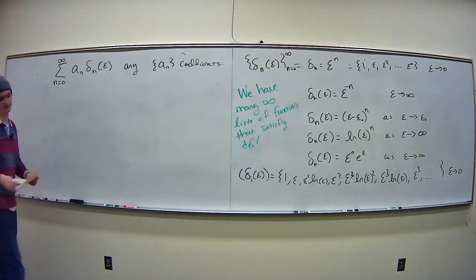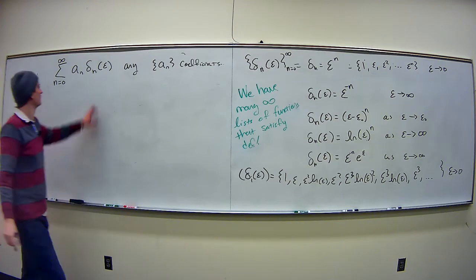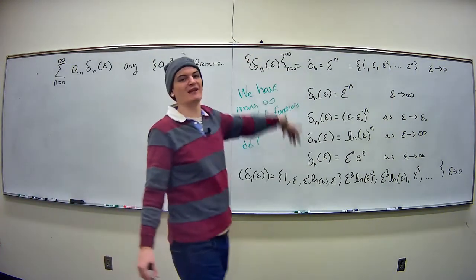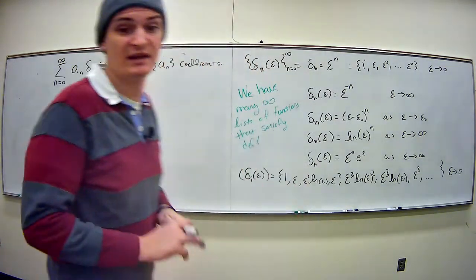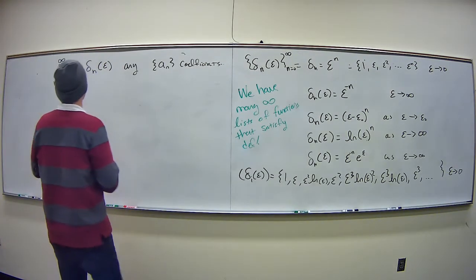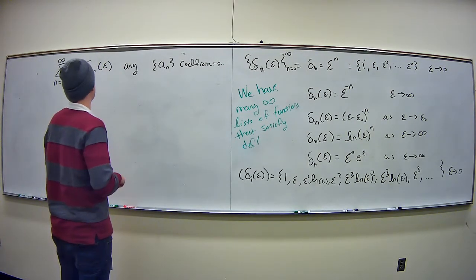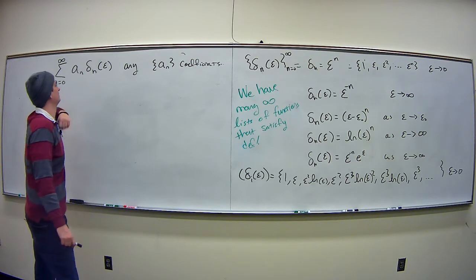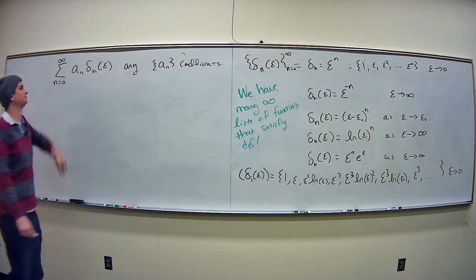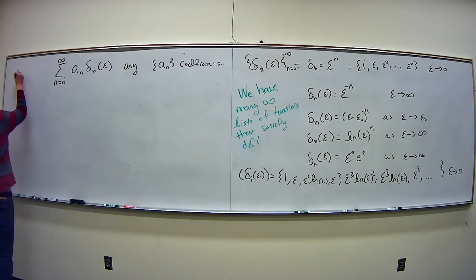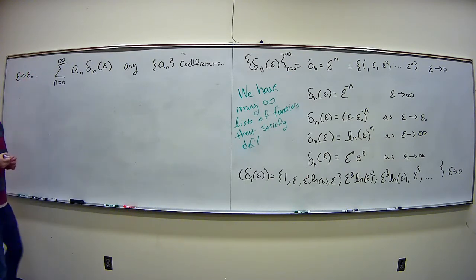This is strange, right? This is the radical idea. You can just pick any list of functions that satisfy the gauge property, that is an asymptotic sequence, and you can scale them up any way you'd like, and you can form this sum. And then this will still have the qualifier, as epsilon goes to some epsilon value. I'm using epsilon here because there's always an epsilon that pops up.